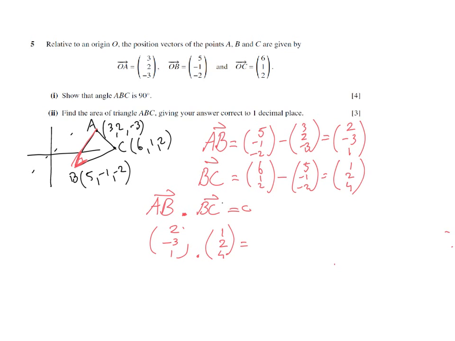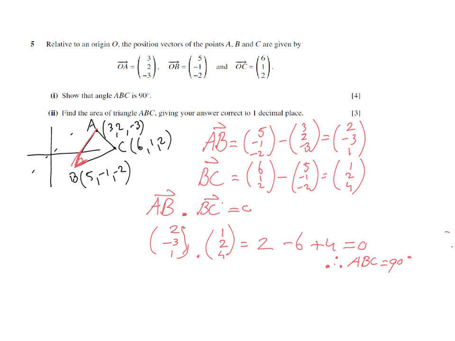If we work that out, it's 2 times 1, which is 2. Then minus 3 times 2, which is minus 6. And 1 times 4, which is a positive 4, and that indeed is 0. So it is perpendicular. You can say, therefore, angle ABC is perpendicular, or 90 degrees. There we go. So that's the first question.